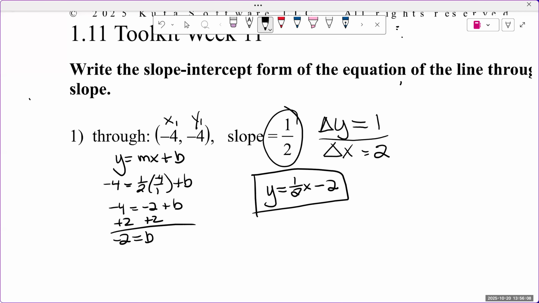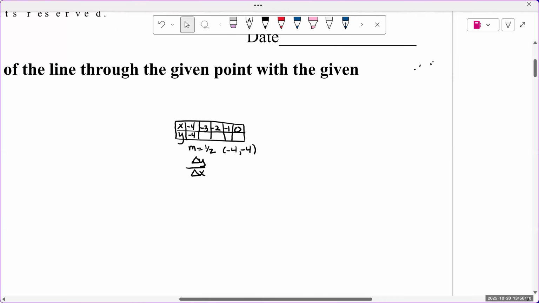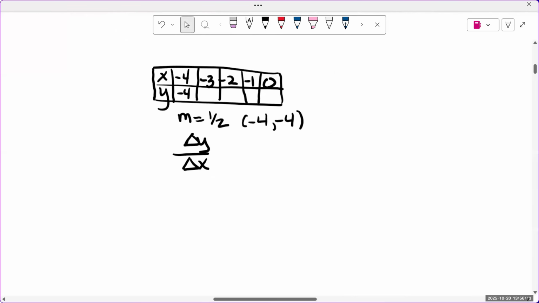Okay, now to complete our understanding, let's see what this means in terms of making a table. Change in y is 1 every time the change in x is 2. The y goes up 1 every time the x goes up 2.